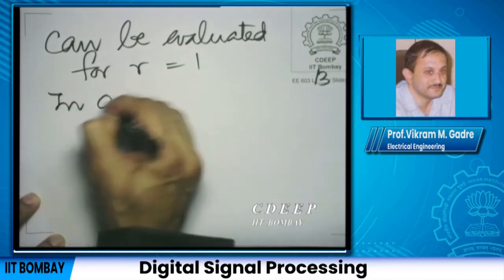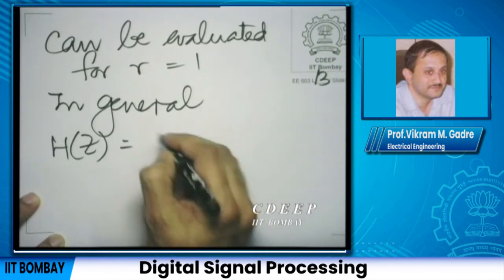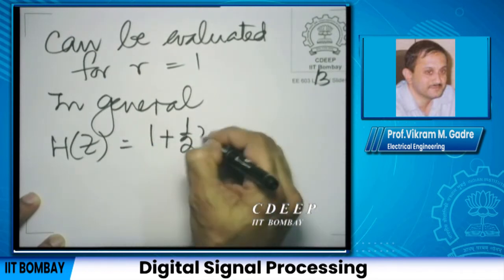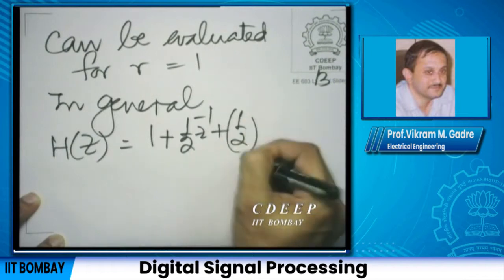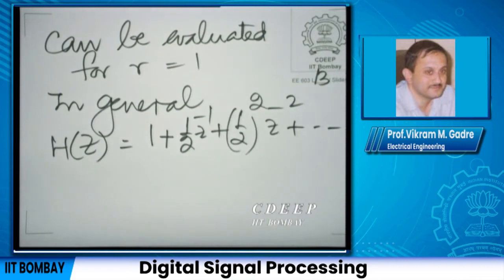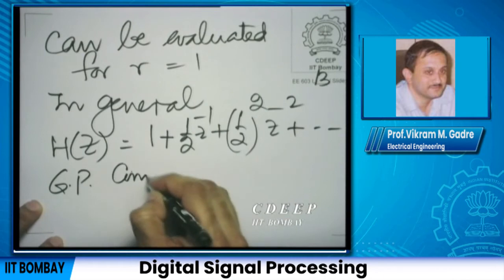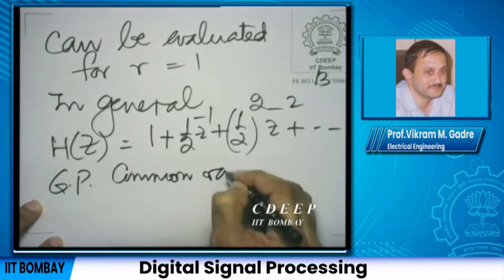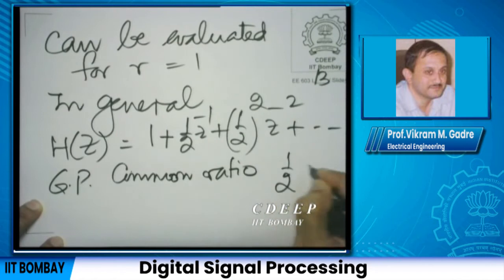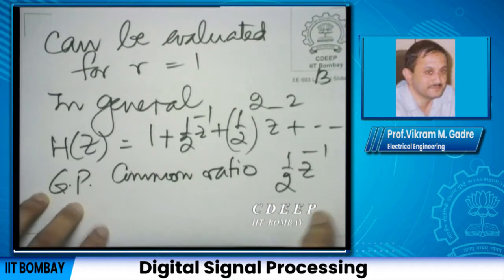In general, of course, H(z) here happens to be 1 plus half z inverse plus half squared z to the power minus 2 and so on. It is a geometric progression with common ratio half z inverse. And therefore, the sum is of course easy to evaluate.